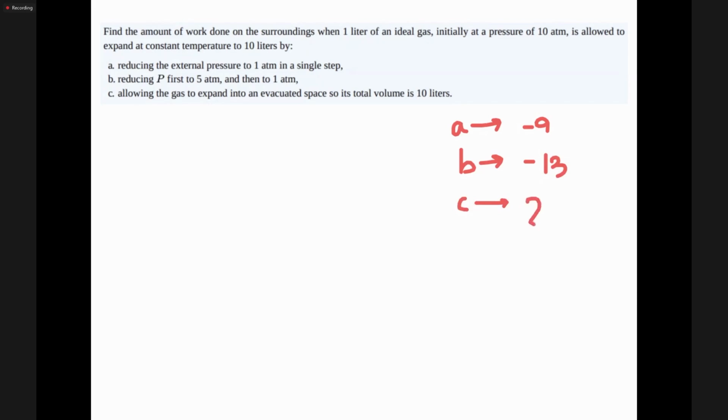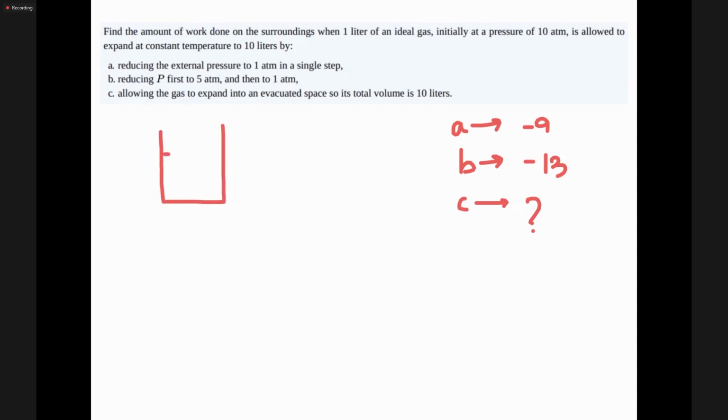What is the work done for path C? In case of path C, it is allowing the gas to expand into an evacuated space or vacuum. Its total volume will be 10 liters. For path C, if it is going to an evacuated space, that means the piston that was upon the gas was lifted up.